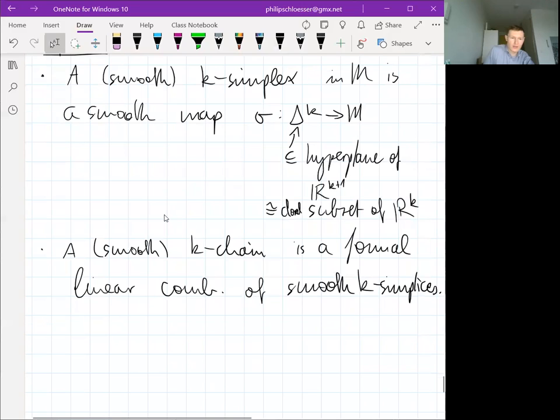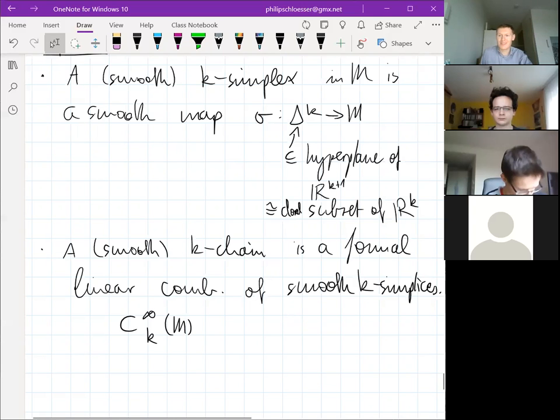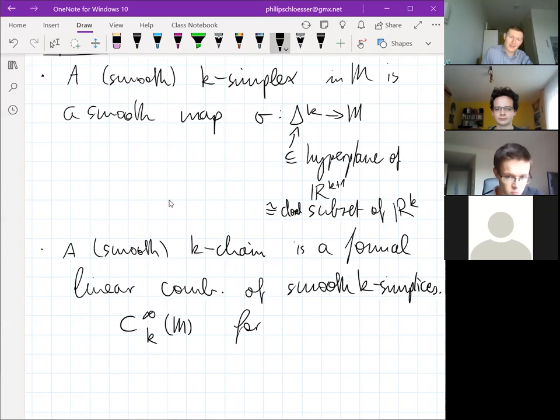And we write C infinity K. Yeah, that's a bit unfortunate with our naming for the vector space of K chains.